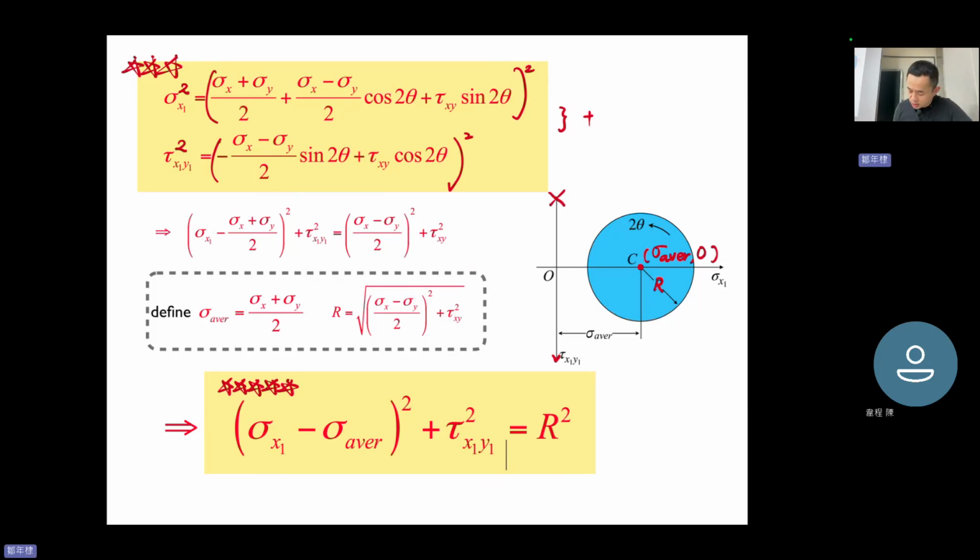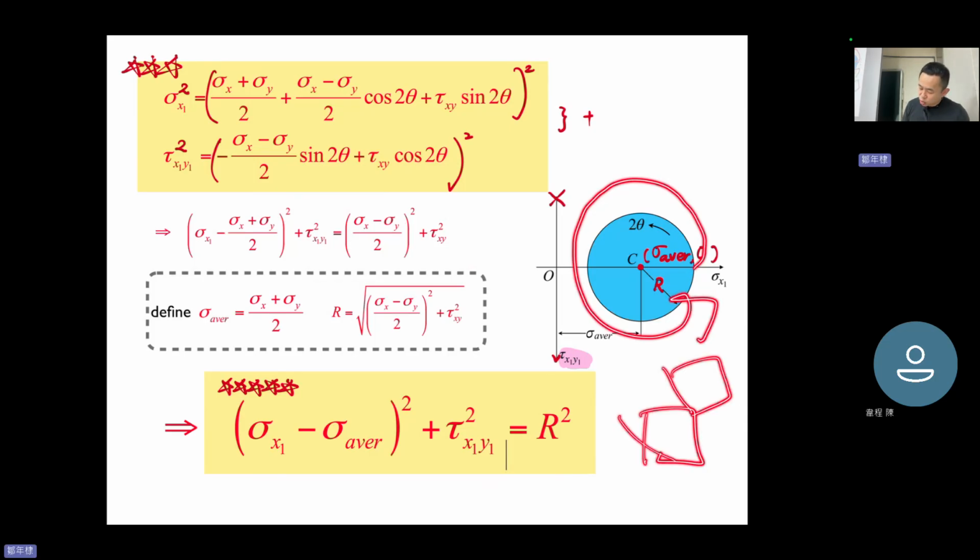Sigma x1, tau x1y1, and you need to be really, really careful here. Positive downward. And why does tau xy need to be downward as positive? Because it is related to the rotation. We want to align the rotation direction to rotate as the element rotates.